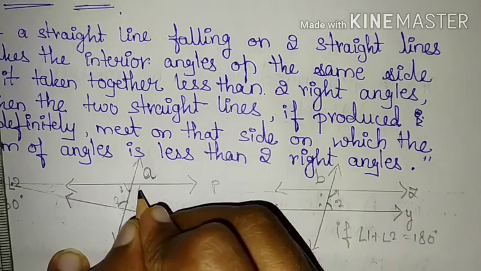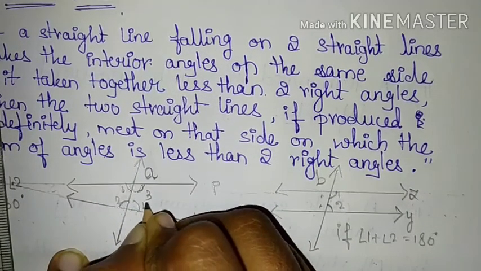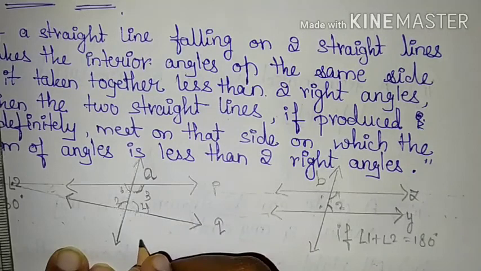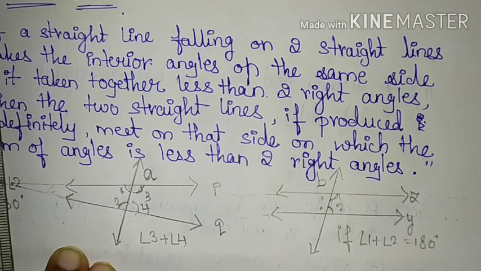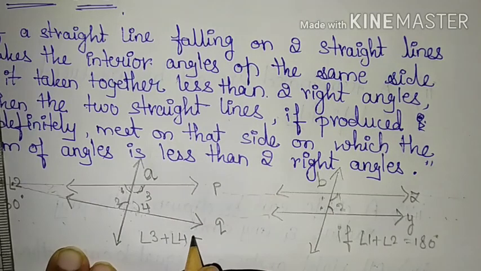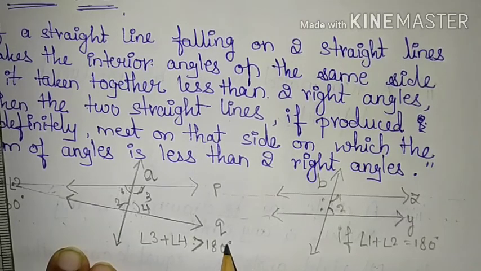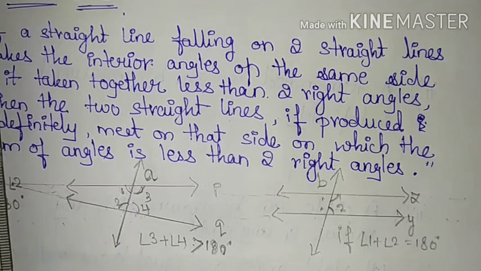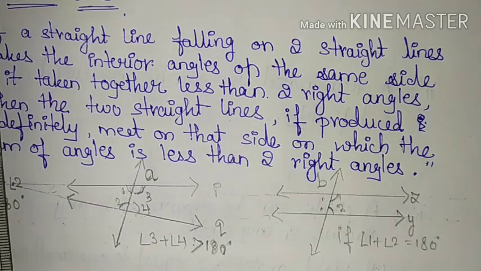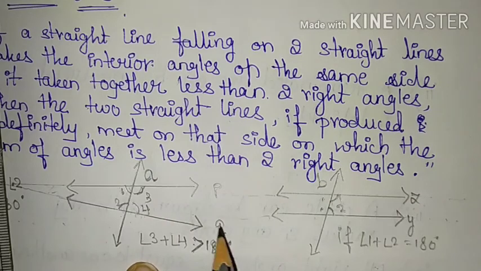And more than 180, see here we have angle 3 and angle 4. Angle 3 plus angle 4 is greater than 180 degrees, right? So when the sum is greater than 180 degrees, the lines will move away from each other.